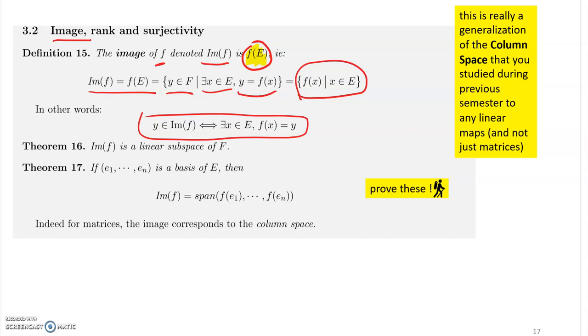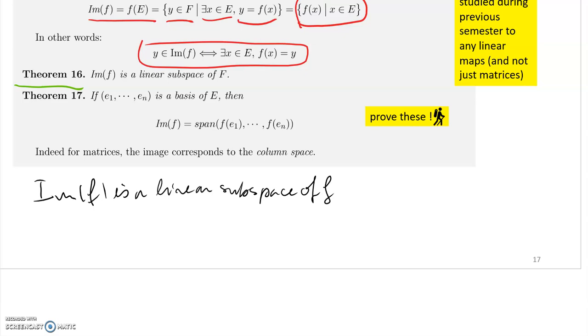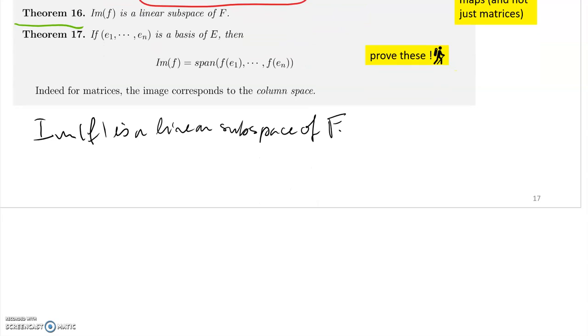All right, so first result: the image is a linear subspace of F. This should be very easy to prove. So let's try this. We want to prove that the image of f is a linear subspace of the vector space F. As usual, you have to prove two things.